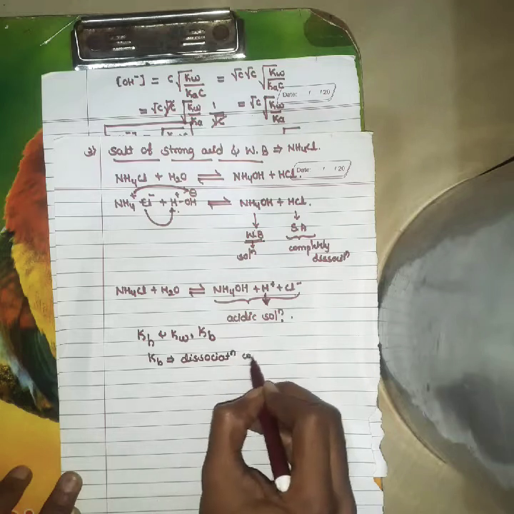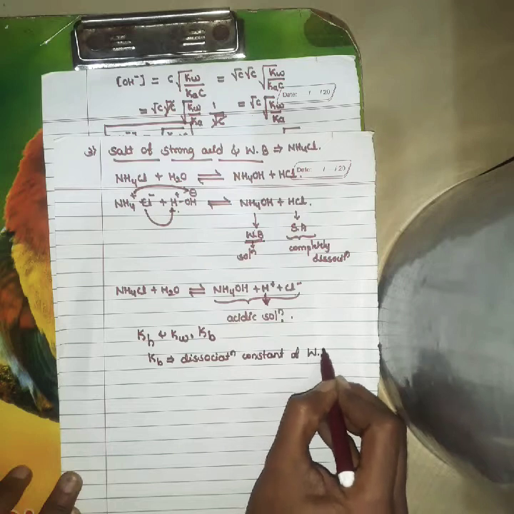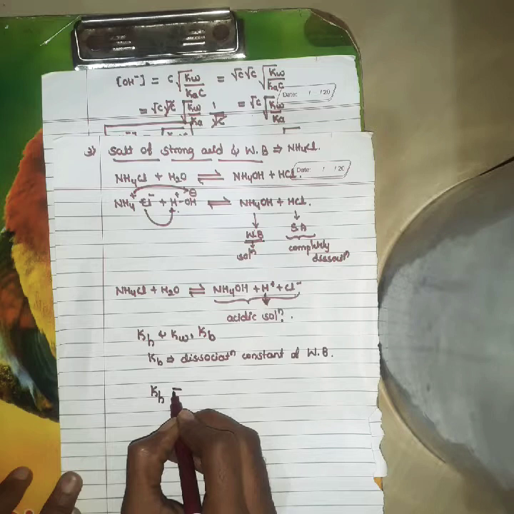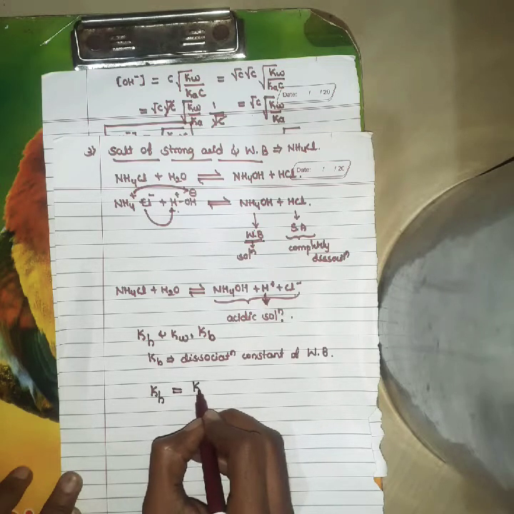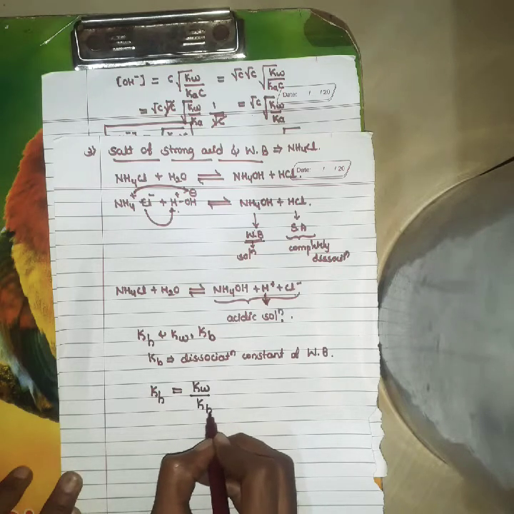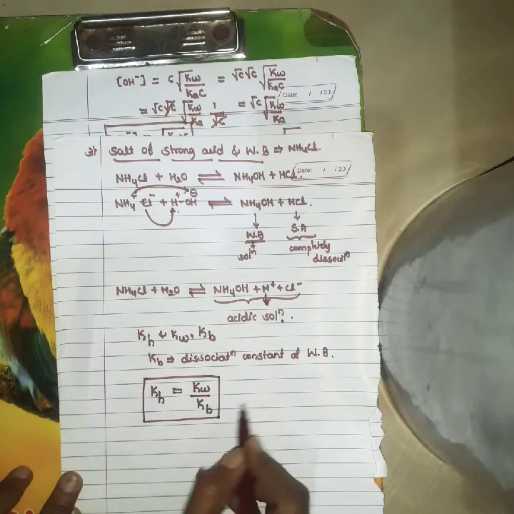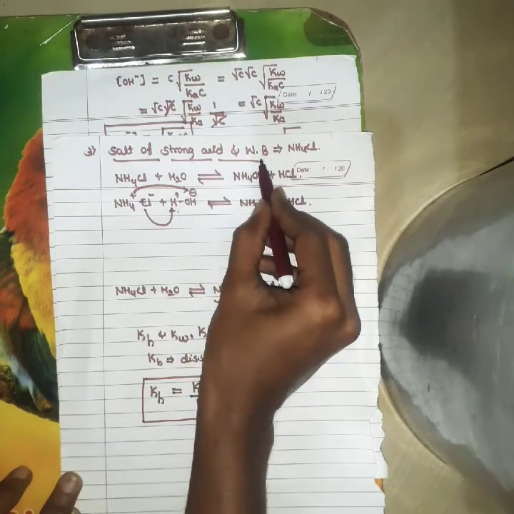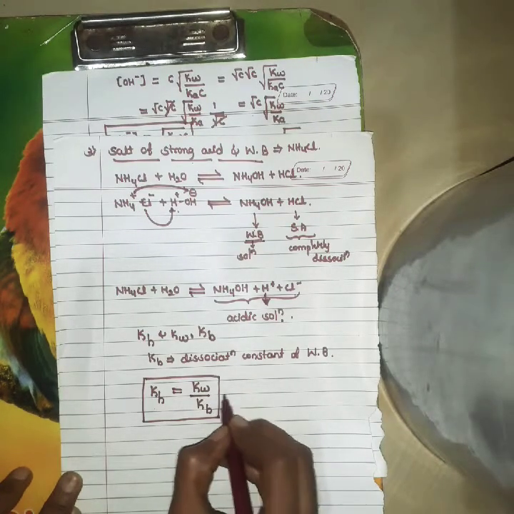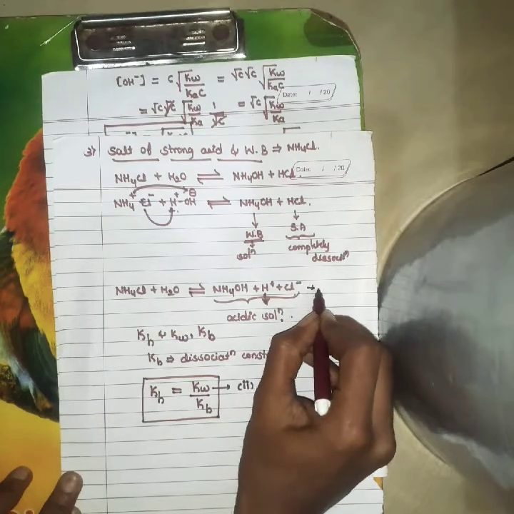After simplification we get Kh is equal to Kw divided by Kb. This is the equation for strong acid and weak base. This is equation 2, and that was equation 1.